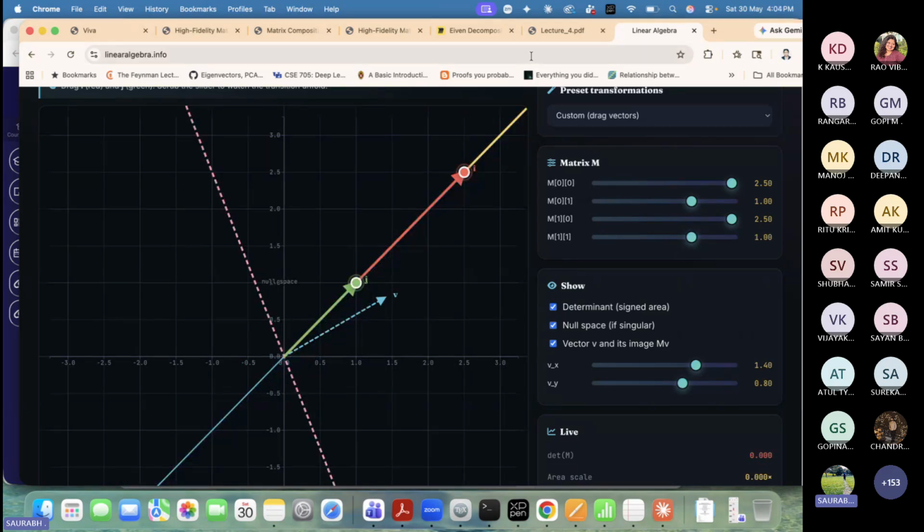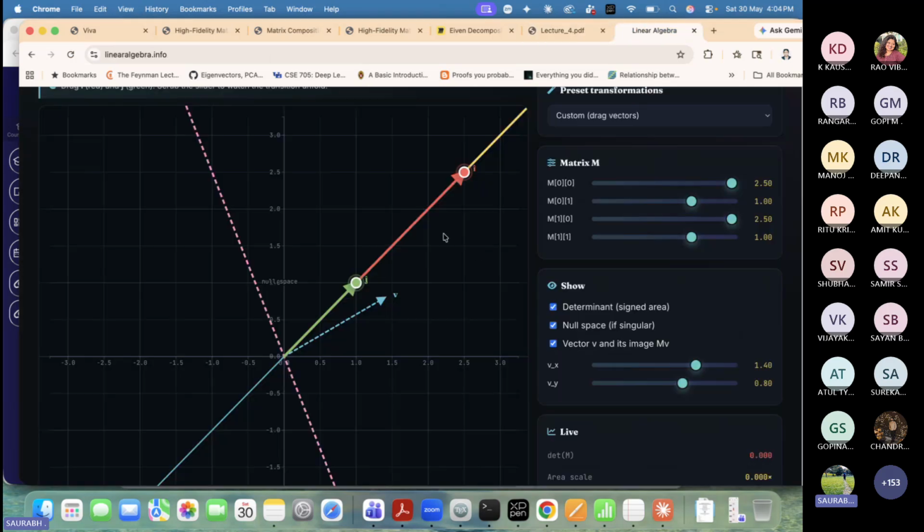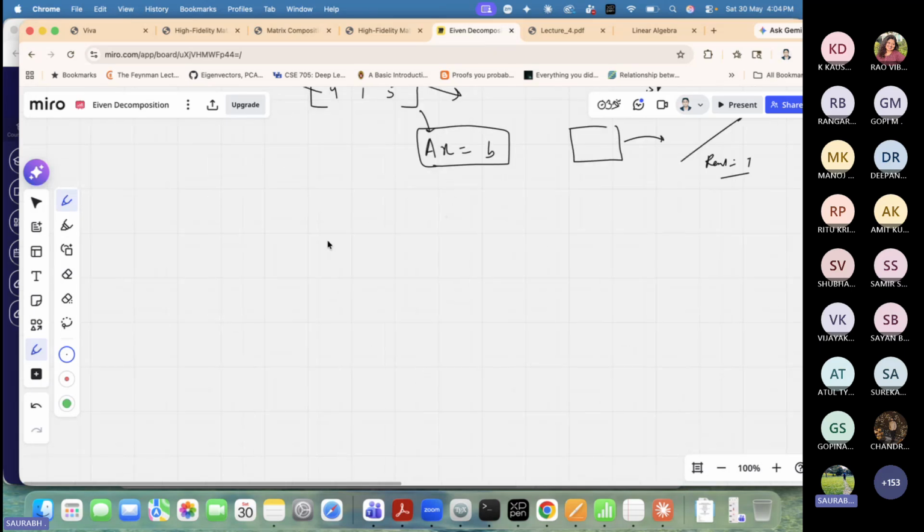And that's what was written down here. If your determinant is zero, in this particular case, let's say 2.51 and 2.51, both the rows are the same, so rank would be 1. Rank is 1, it means that the output dimension is one dimensional, and that's what you are seeing here.